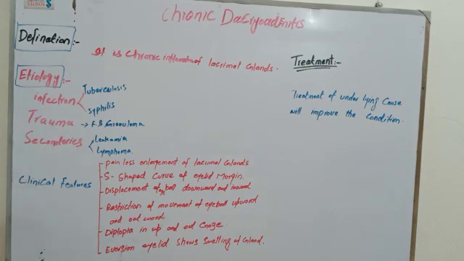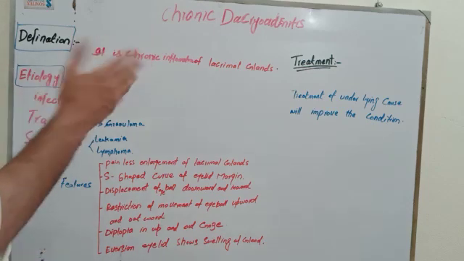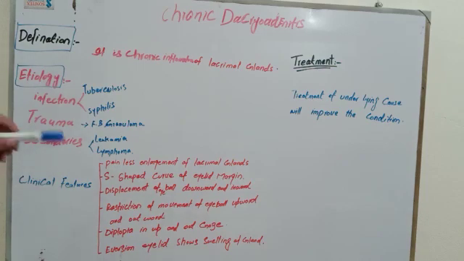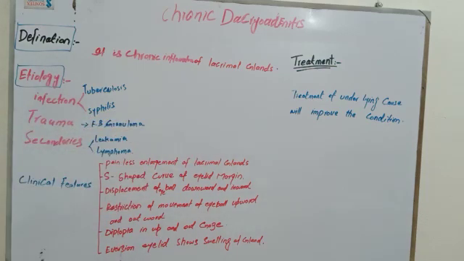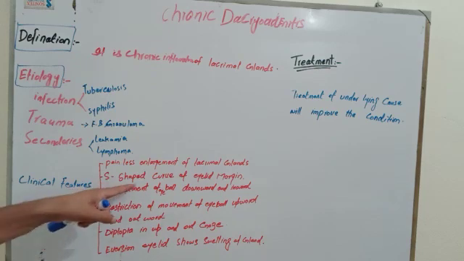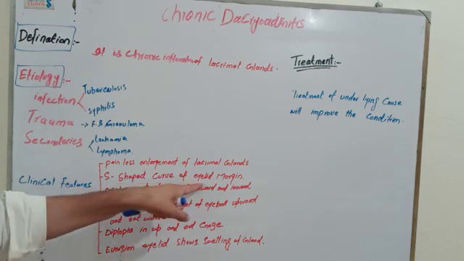Now, what are the clinical features of this disease? You have to remember these points clearly. These are mostly similar to acute dacryoadenitis. First one is pain, less enlargement of the lacrimal gland. Number two, L-shaped curve of lid margin.